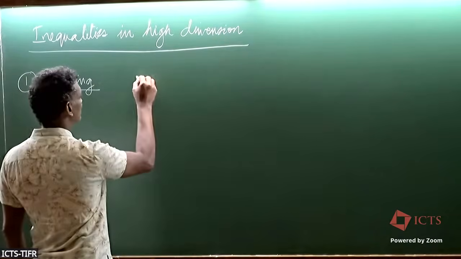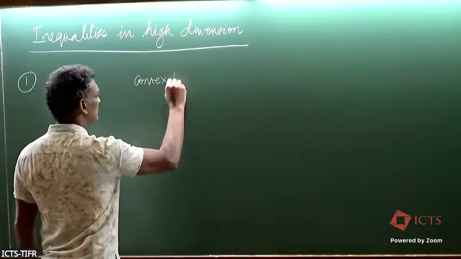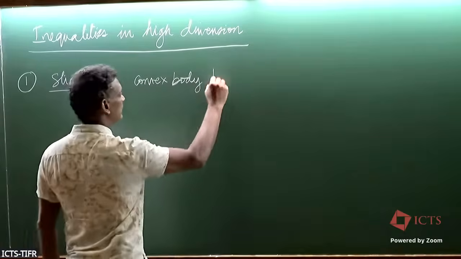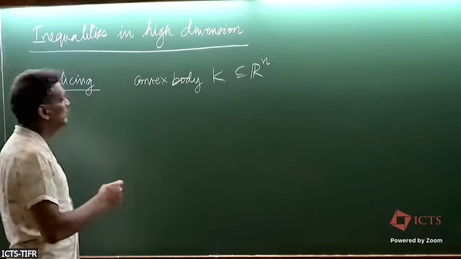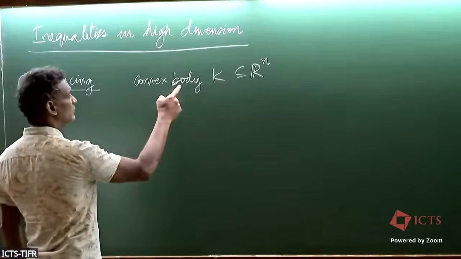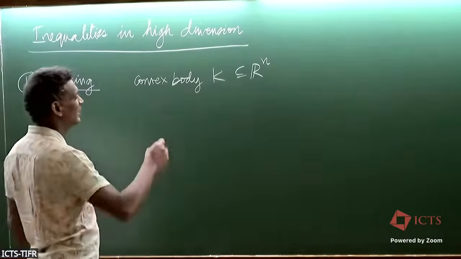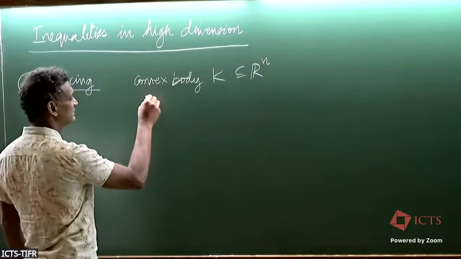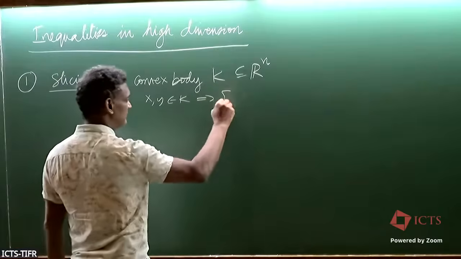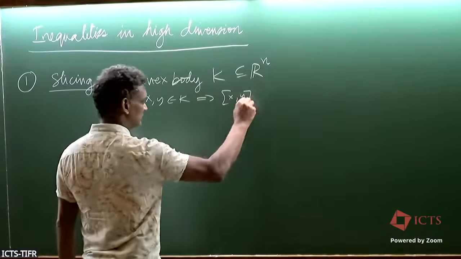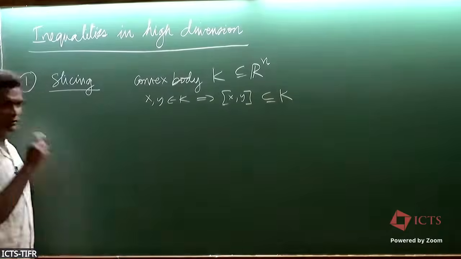You have a convex body K in, let's say, R^n. By body, I just mean that it's closed and bounded. And convex means that if x and y are in the set, then the segment is also in the set.